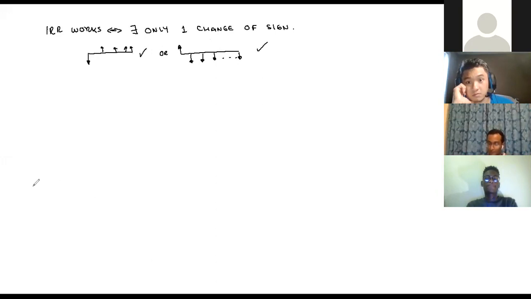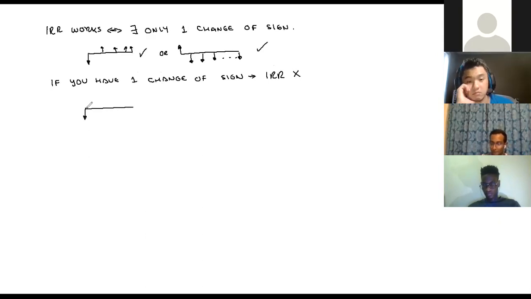However, guys, if you have more than one change of sign, internal rate of return can produce mistakes. What I mean is the following, and unfortunately, this is more realistic.